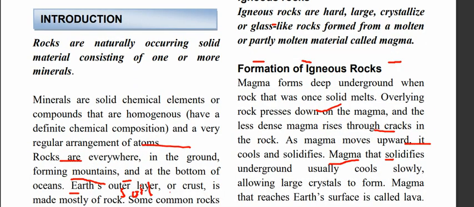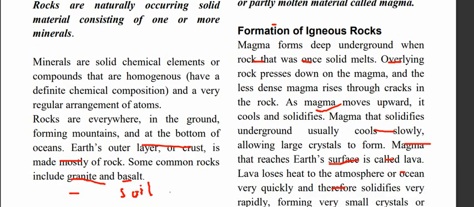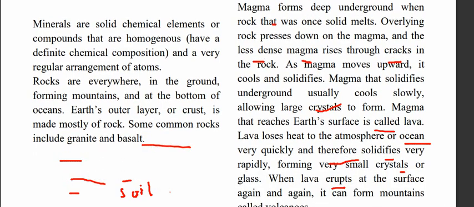So that is basically how igneous rocks are formed. The magma moves upward, it cools, and then it solidifies. Magma that solidifies underground usually cools slowly, and this allows large crystals to form.